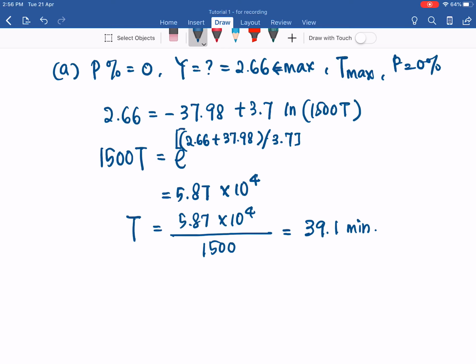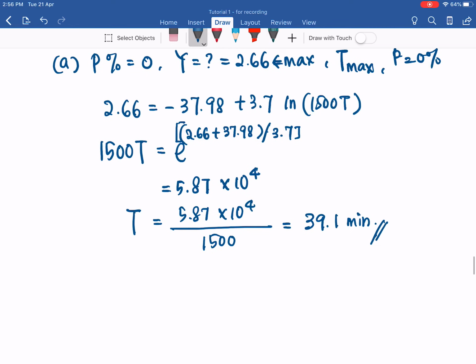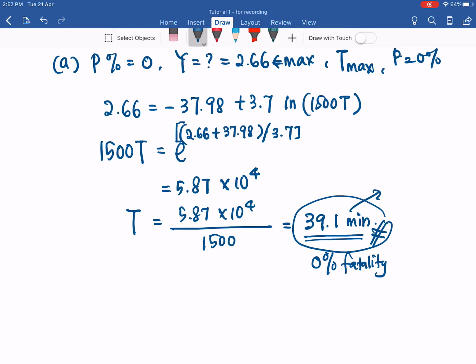Okay, so meaning maximum exposure in this case to result in 0% fatality is 39.1 minutes. Means any exposures more than this, they might start to have people dying in that area. So the maximum exposure will be 39.1 minutes.